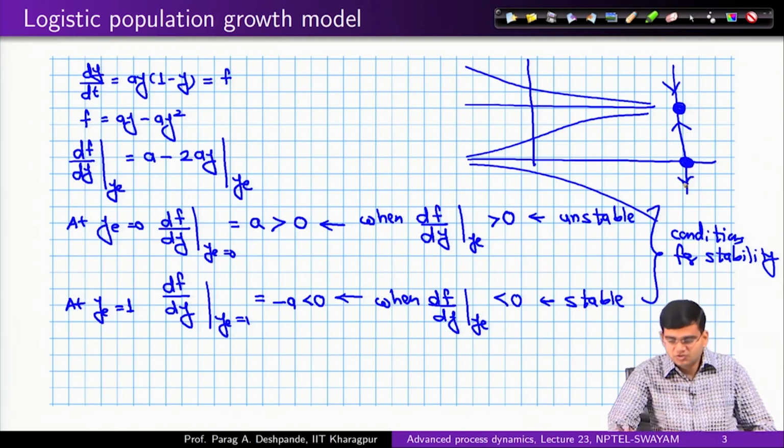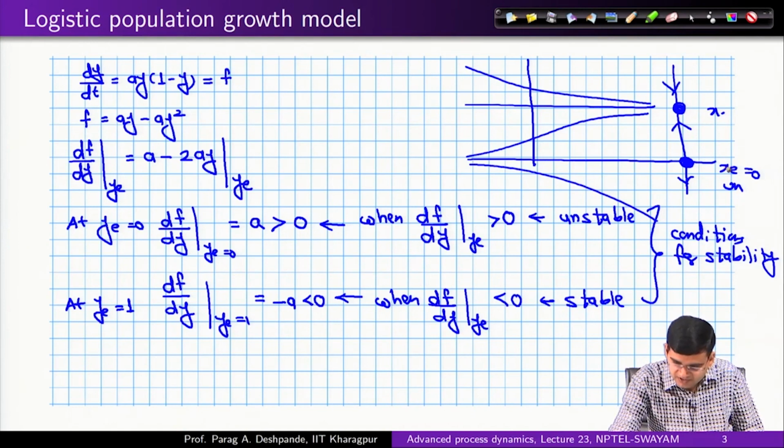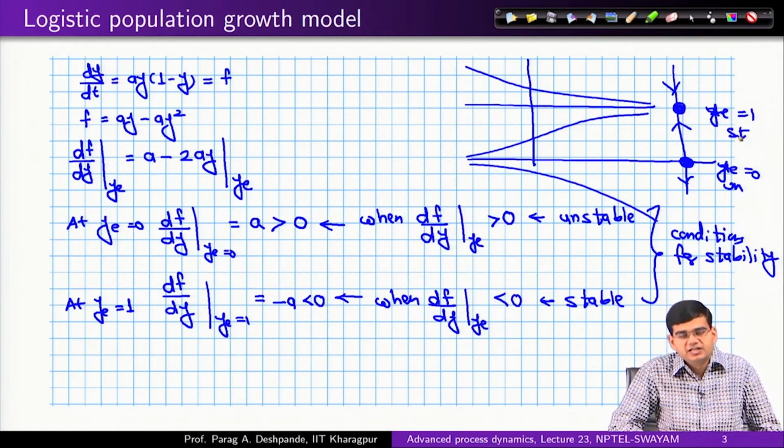See here. So, y e equal to 0, unstable, and y e equal to 1, stable. Analytically as well as graphically we get the same answer.